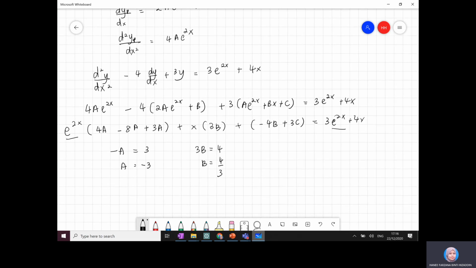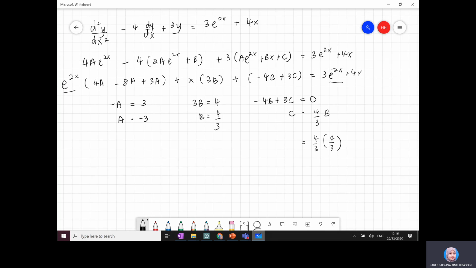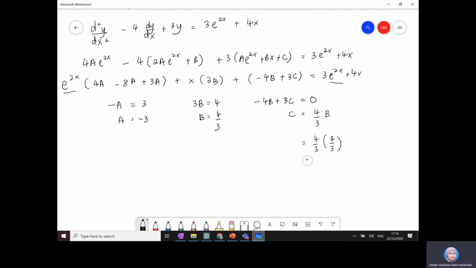And for this, negative 4b plus 3c equals 0, thus c equals 4 over 3 times b, thus 4 over 3 times 4 over 3. So c is 16 over 9. So then you can put this into your particular solution. So yp is a e to the 2x plus bx plus c.